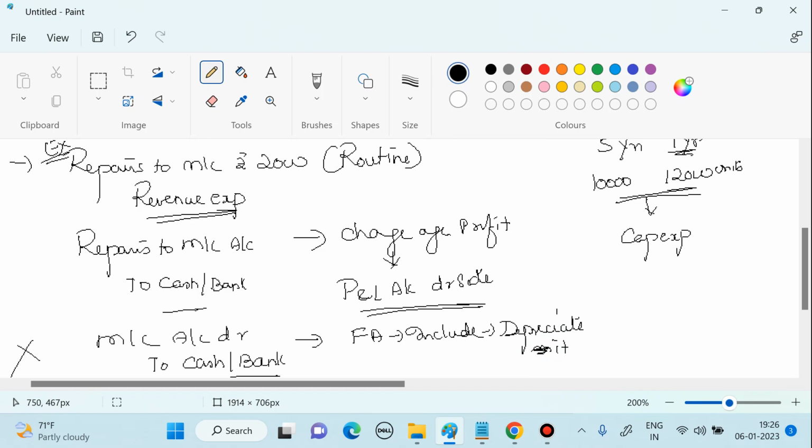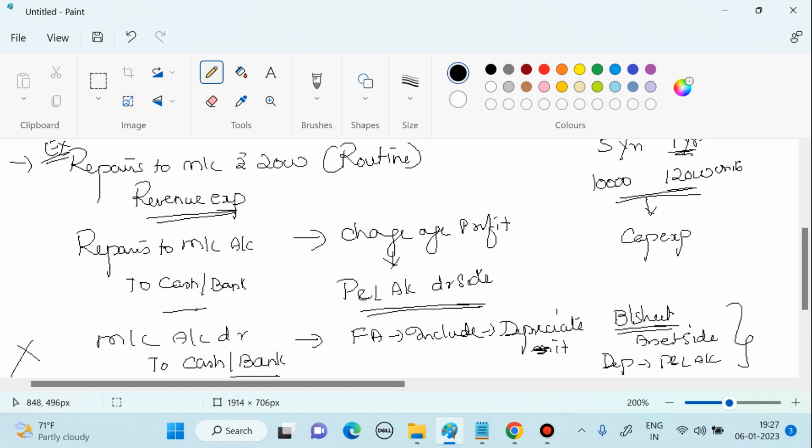What will happen if you do like this? In the balance sheet, you will show this amount on the asset side. And the depreciation you will show in the profit and loss account. So, will the net profit which is being shown in the profit and loss account be correct? No, right? The entire 2000 should have gone to profit and loss account debit side.